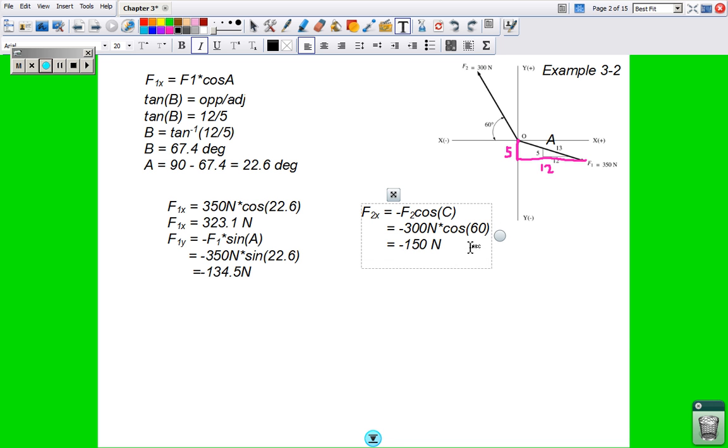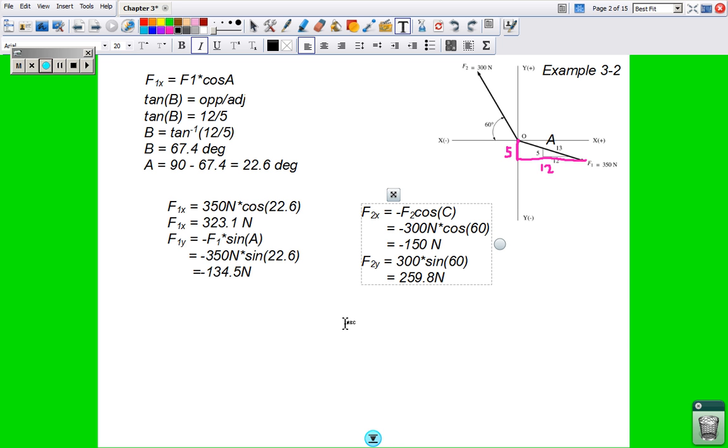Alright, now let's do F2y. Is equal to 300 newtons times the sine of 60, and when I plug that into my calculator I get 259.8 newtons, and that's positive.